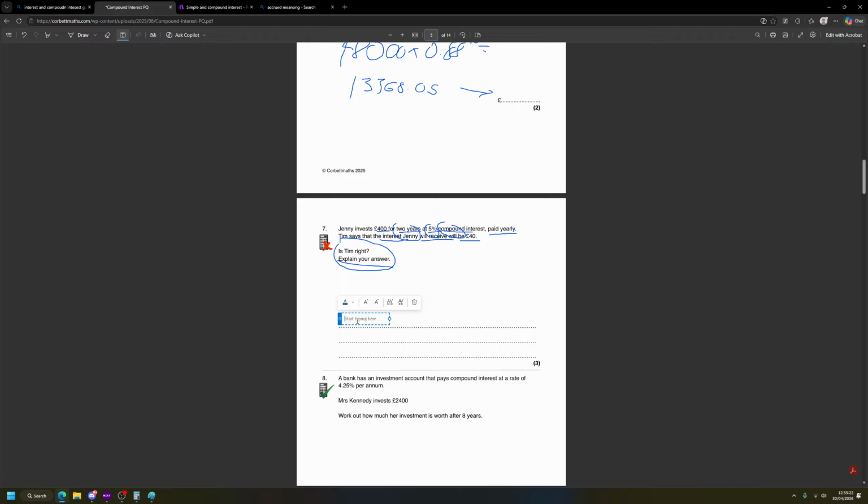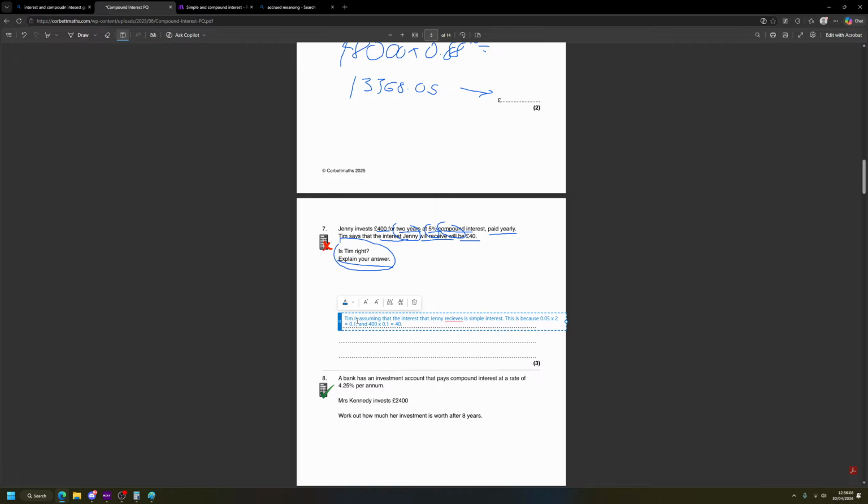Let's say Tim is assuming that the interest that Jenny receives is simple interest. This is because 0.05 times 2 is equal to 0.1, and 400 times 0.1 is equal to 40.